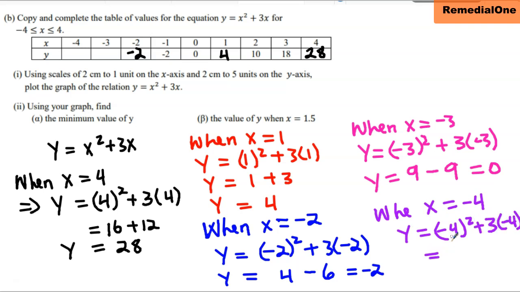So we get -4 times -4 is positive 16, and here will be -12, and that gives us 4. So let's go ahead and complete the table. For -3 we get 0, and for -4 we get +4.